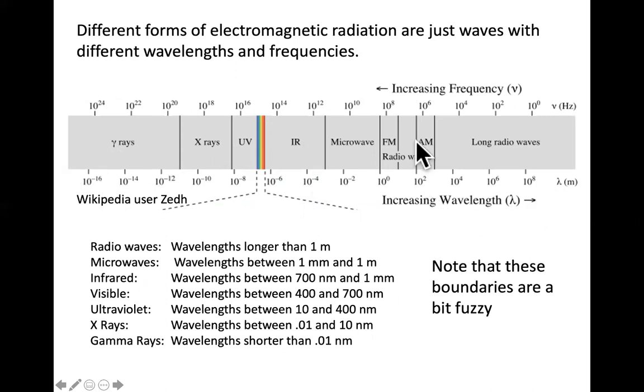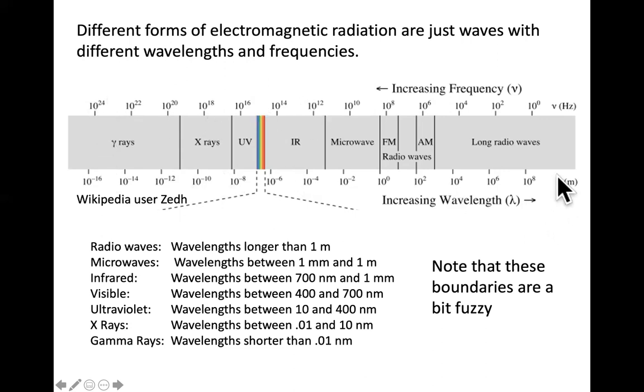This is a plot showing the different types of electromagnetic radiation as a function of frequency along this axis and wavelength along the bottom. And what you can see here is the range. The frequency goes from 10 to the 0 for 1 hertz all the way up to 10 to the 24, or again, 1 followed by 24 zeros hertz.